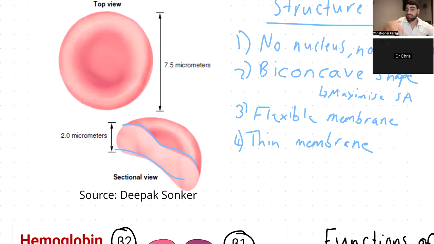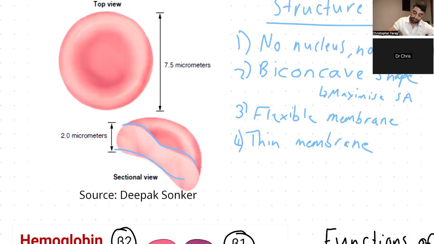The thicker the membrane, the more impedance there is, the stronger the barrier to oxygen and carbon dioxide diffusion. And you obviously don't want that. So it's actually a very thin membrane. If you look at it, the whole red blood cell is only 2 micrometers in depth. And again, that allows for easy diffusion.